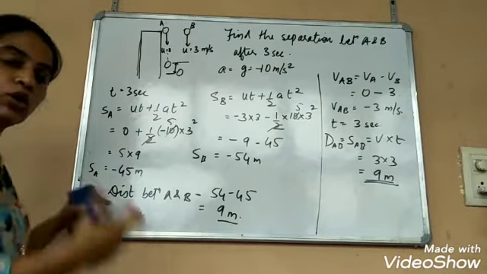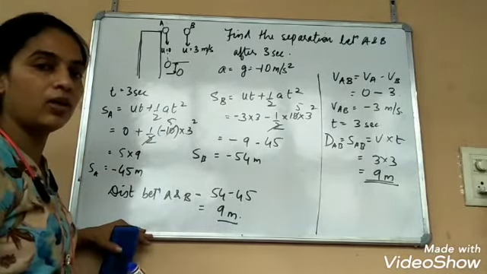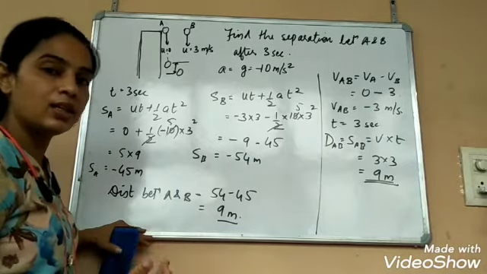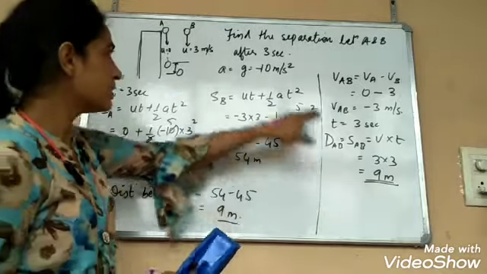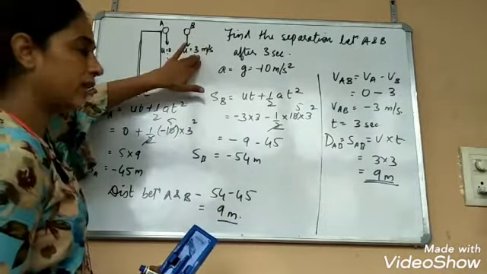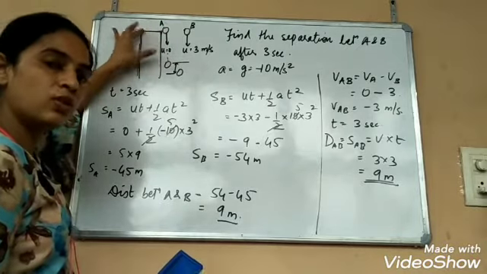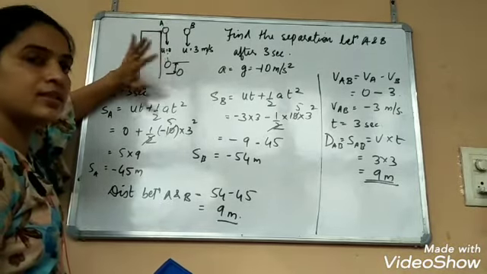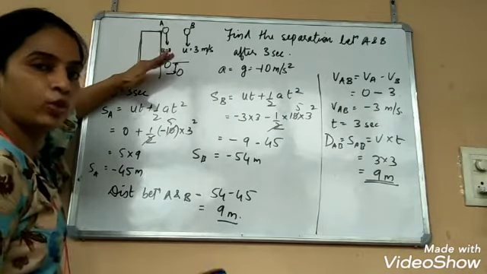Because for both of them the acceleration will be equal to 10 meter per second square in the downward direction. So relative acceleration between both of them will be 0. That's why, since one is dropped with greater velocity, it covers more distance, and the other is dropped with 0 velocity, so it covers lesser distance in the same time, since acceleration is acting the same on both of them.